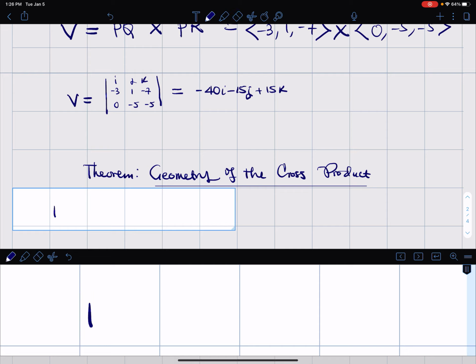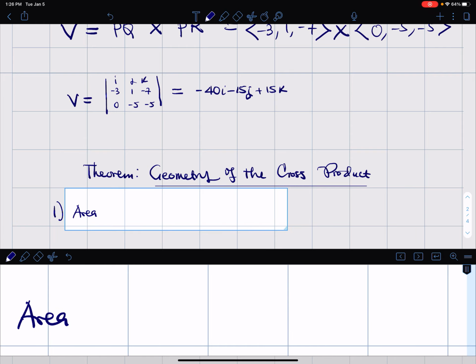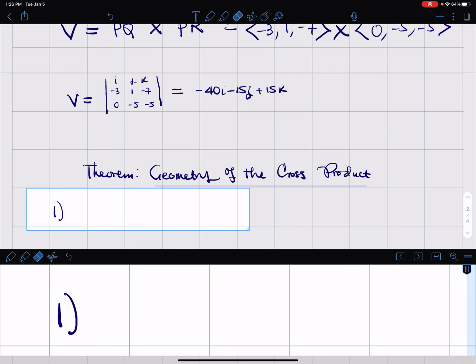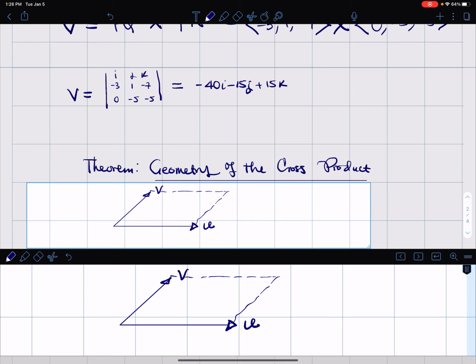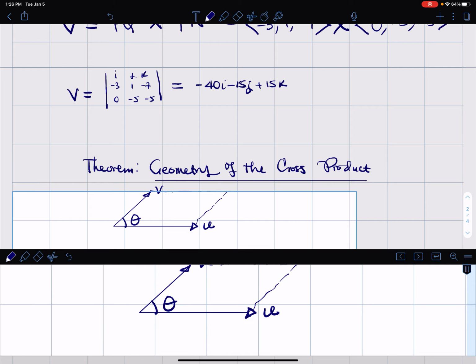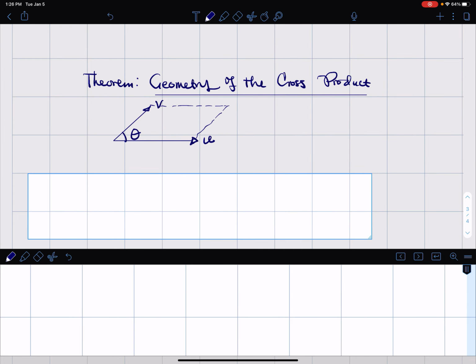If you have a parallelogram, you can use the cross product to calculate its area. Area of a parallelogram. How about this? Let's create our parallelogram first, and then let's see if it makes sense. So I have this parallelogram. This is my V. This is my U, right? If I complete it, something like that. This is the angle theta between U and V.